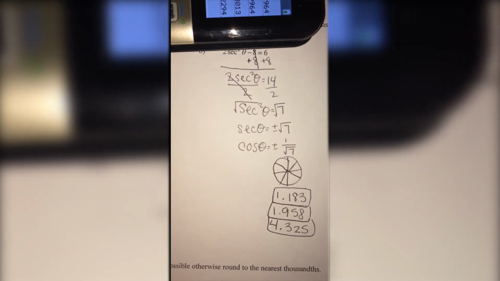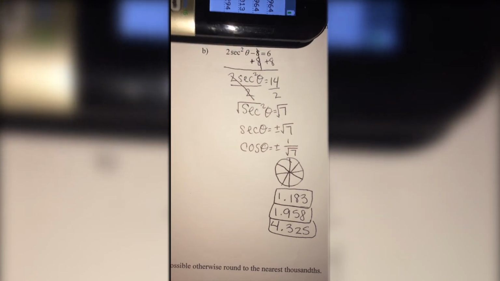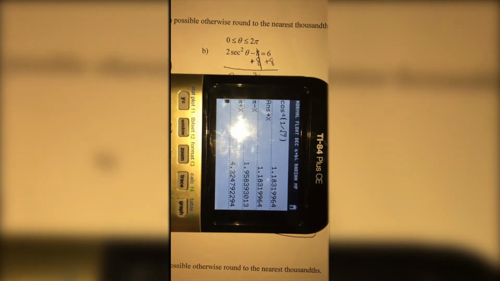To get your answer for quadrant number 4, you simply subtract your number from 2 pi.